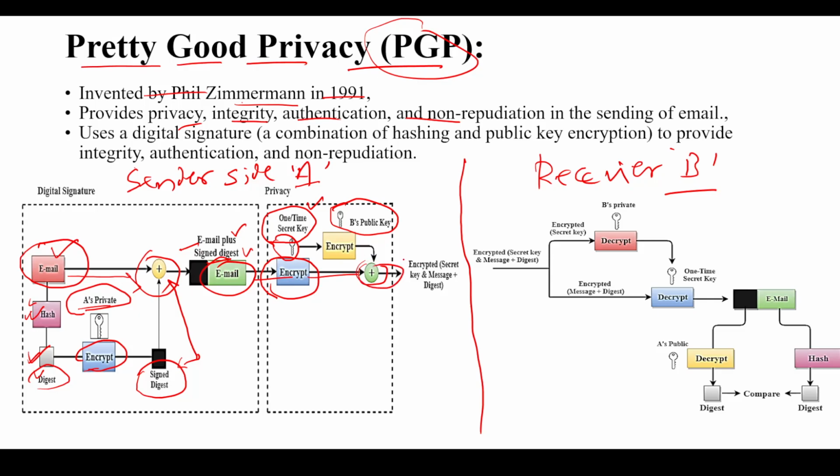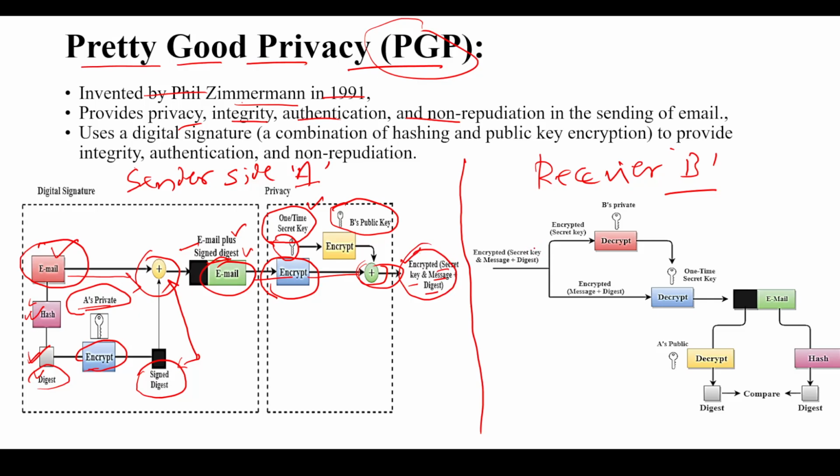So this new data we are generating for sending to the receiver is the encrypted secret key and the message plus digest.